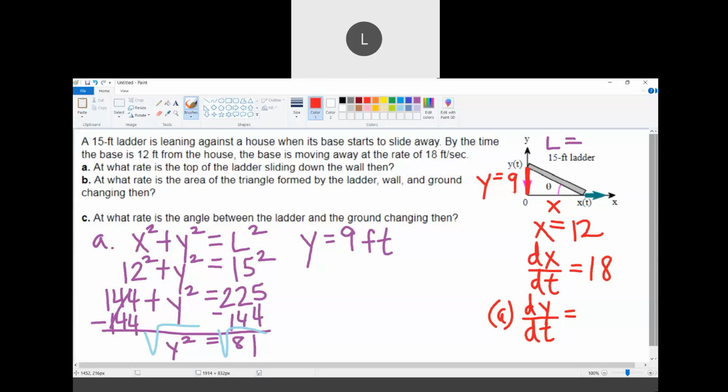Now we're going to use the same Pythagorean theorem with the same letters and also L being 15. We're still going to use that information to take our derivative. So let me erase some of this.